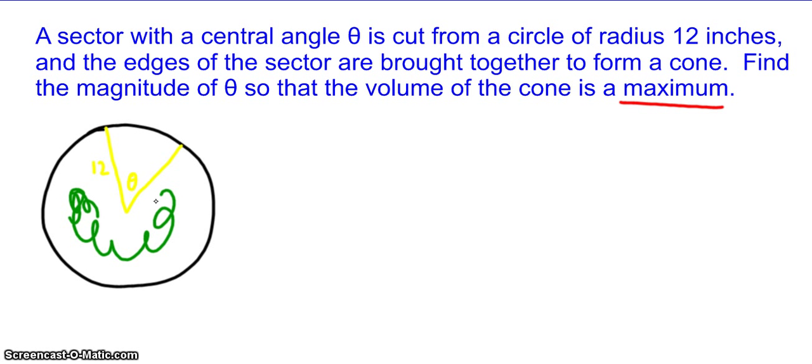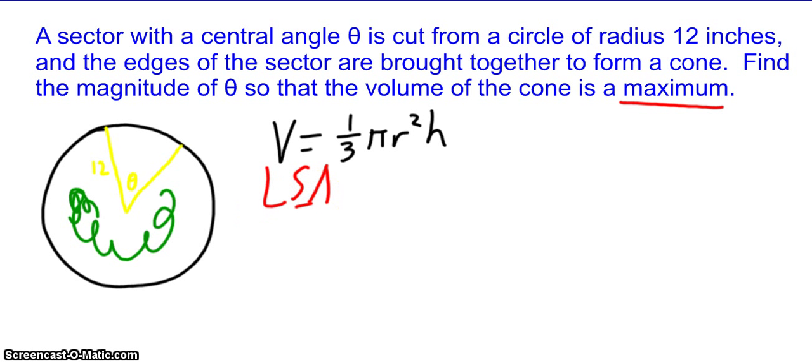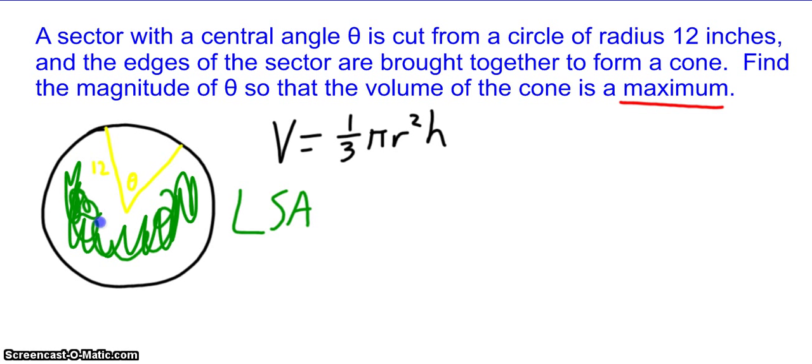So a few things we want to recognize that we need to know. Volume of a cone is 1/3 pi r squared h. Lateral surface area of a cone, I'm going to use green because the lateral surface area of the cone is going to be represented by this area.